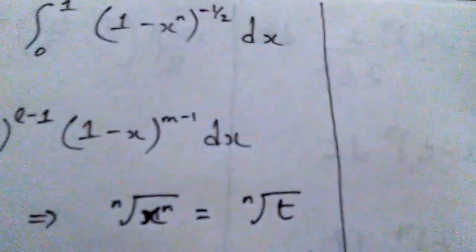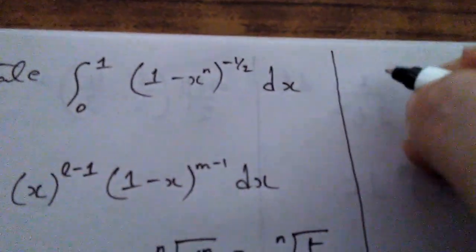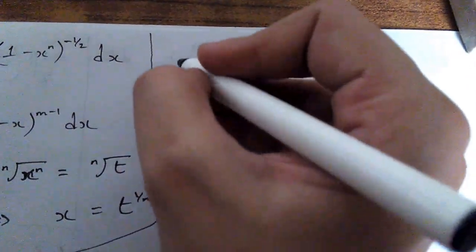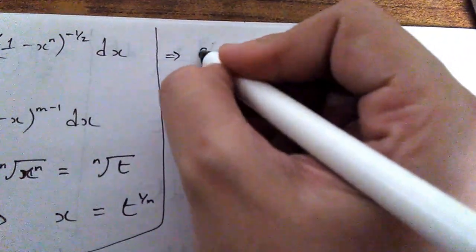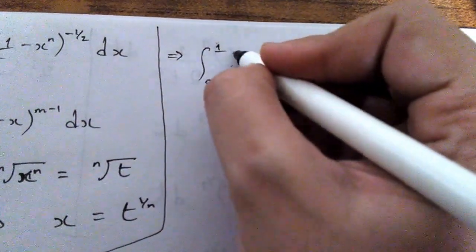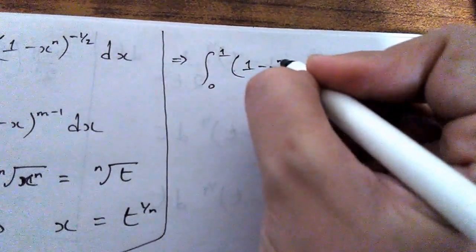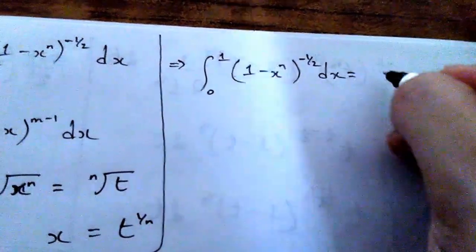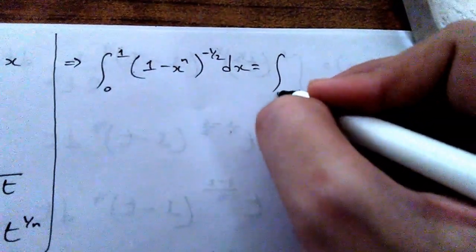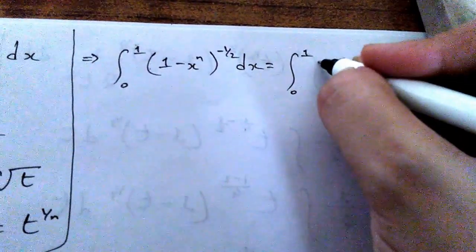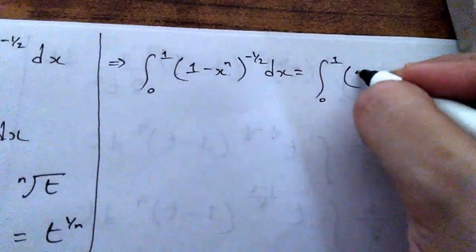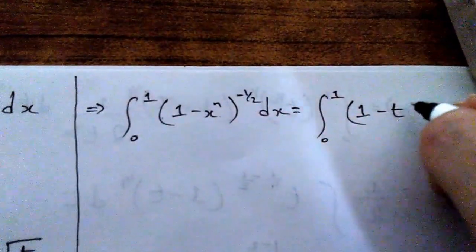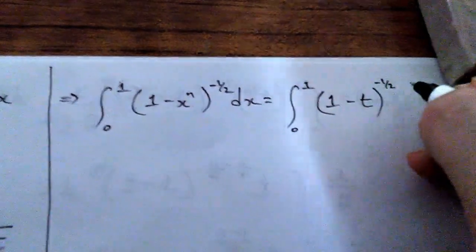Now let us do the transformation. Okay, here you can see that the limits are same. At the place of your x^n you're going to put down your t, like this, to the power minus half.